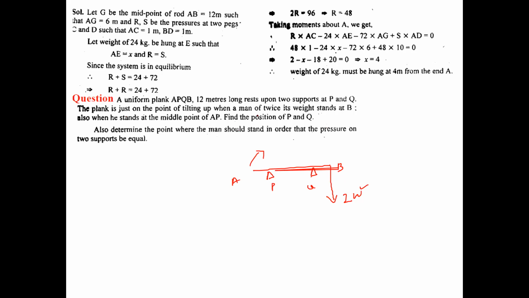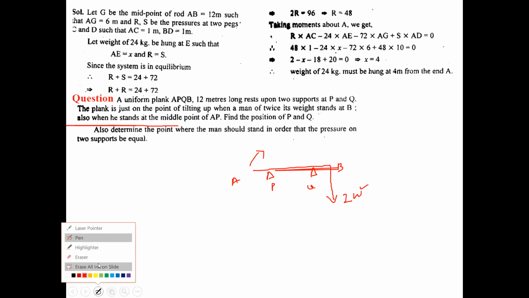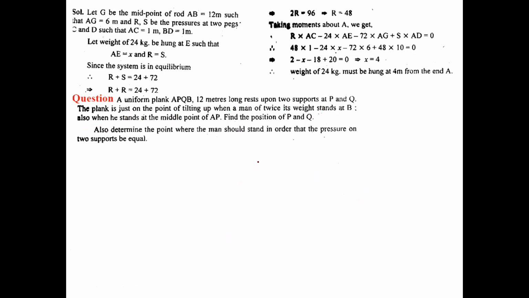Also when he stands at the middle point of AP. Now the second situation in the question. If this is A, this is B, and suppose here is P, and the man stands here in the middle of AP, then it will tilt up from this side as well.